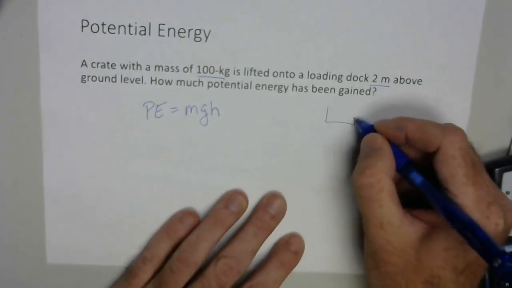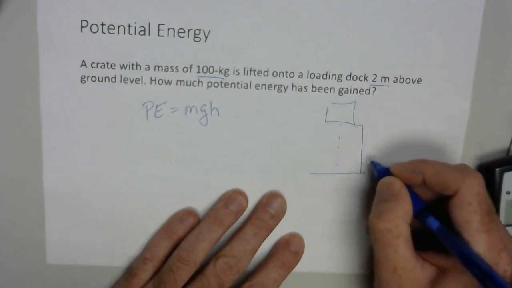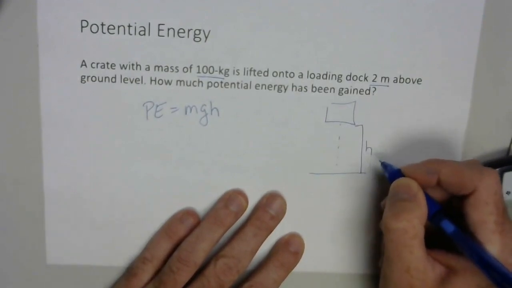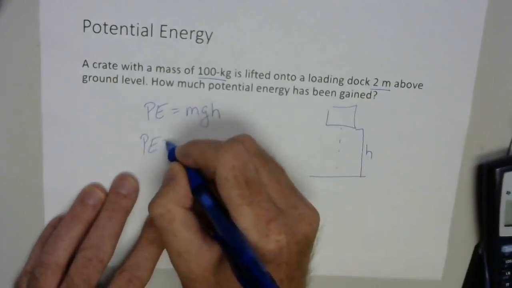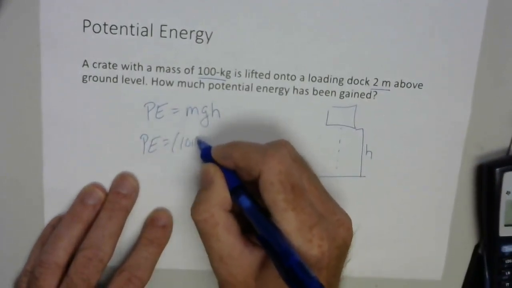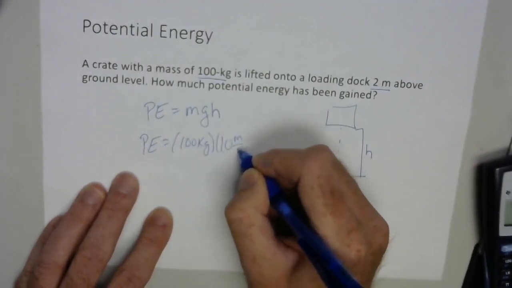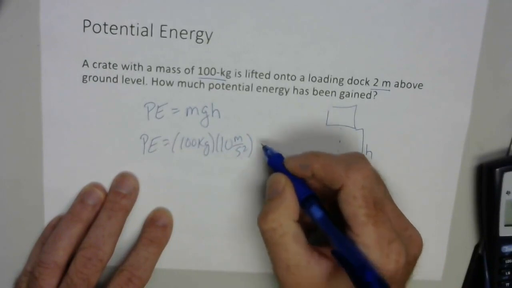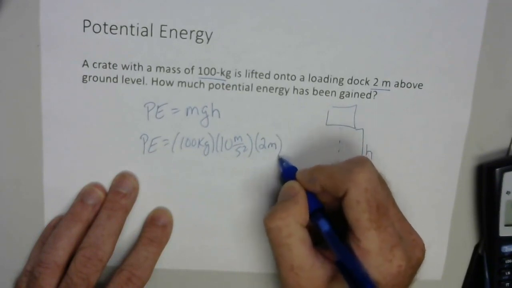That means we have the box, and it is above a surface by some height h. So if we plug in, potential energy is equal to 100 kilograms times, we'll use the rounded-off value of 10 meters per second squared, times the height of 2 meters.